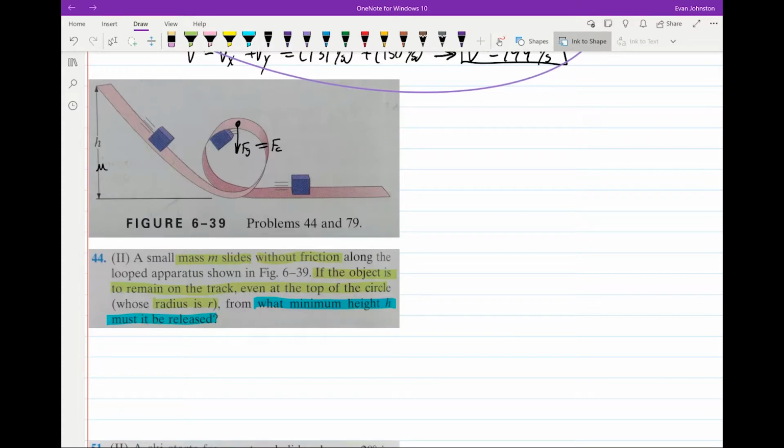Gravity isn't going to change, so the normal force would assist in keeping it on the track. But if it's going slowly enough, the box isn't pushing into the track very hard. So once it gets to the top, gravity is the only thing acting to keep it going in the circle.